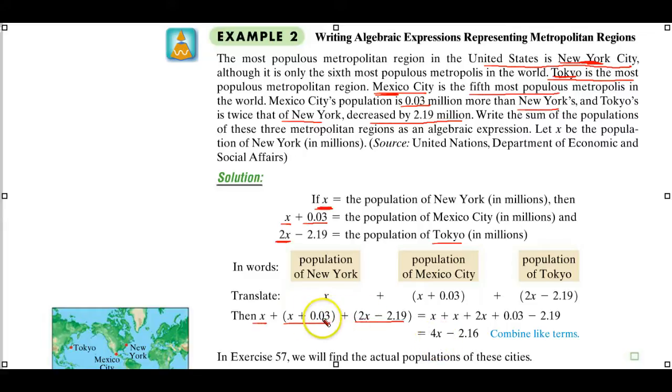And then we add this to this, which is sort of a subtraction here. And we get then, for an end, algebraic representation of the population of these 3 cities as 4x minus 2.16.